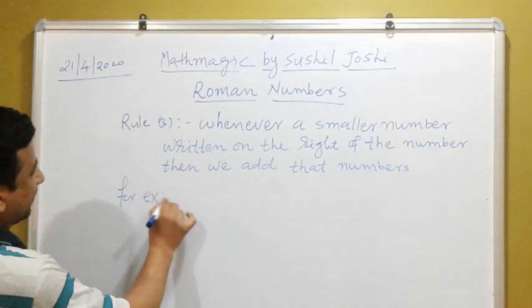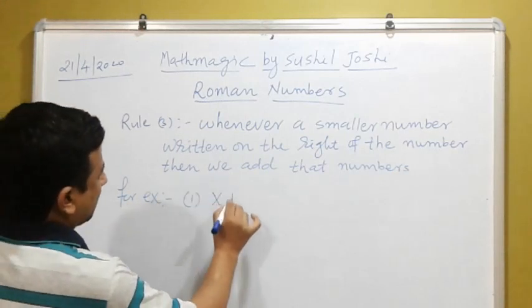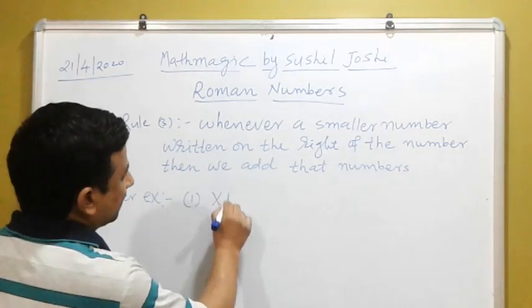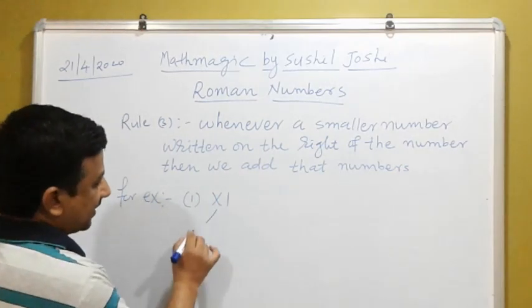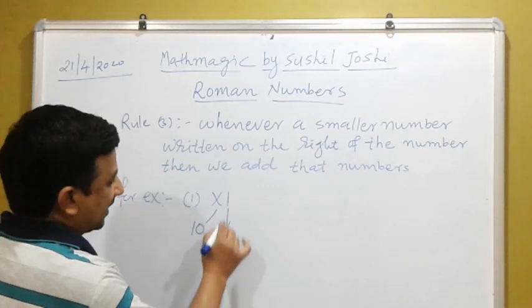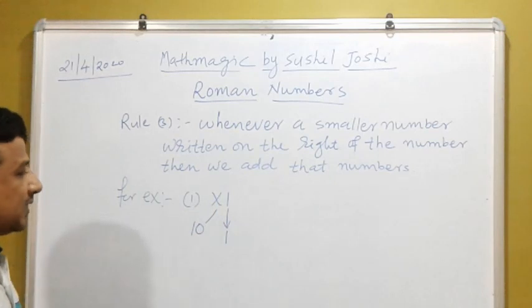For example, XI. We know that X represents 10 and I represents 1. So what did this third rule tell us?